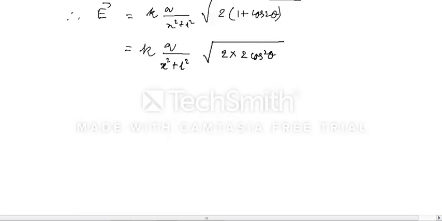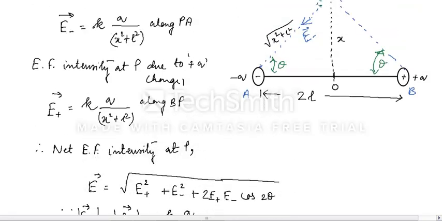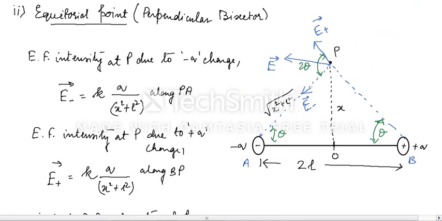So what are we getting? We are getting this electric field intensity E to be kq by x square plus L square multiplied with 2 cos theta. Now what is cos theta? From the triangle that we have obtained, if we apply cos theta over here, we will get cos theta as base of the triangle.